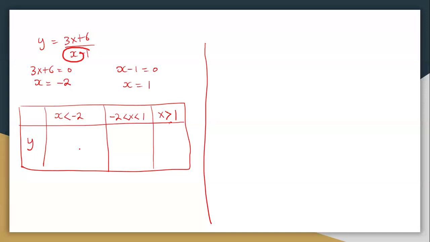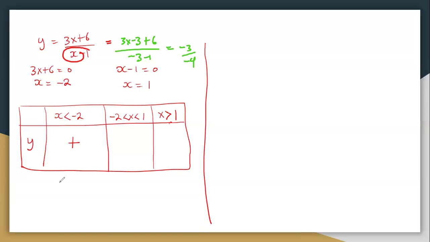If you put maybe -3 in our function, it will be 3 times -3, which is -9, plus 6, giving us -3 on top, then over a negative, giving us a positive. Then between -2 and 1, maybe we use 0.